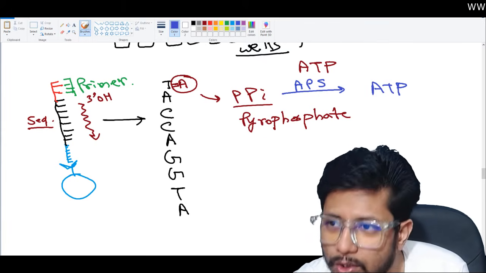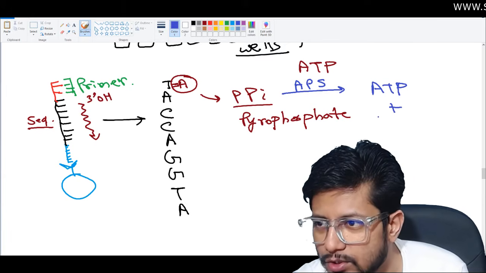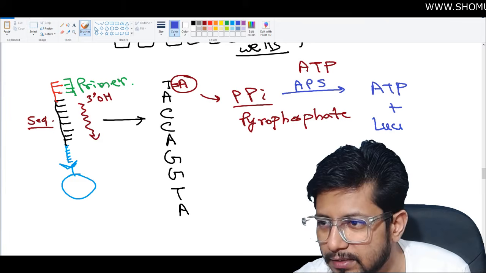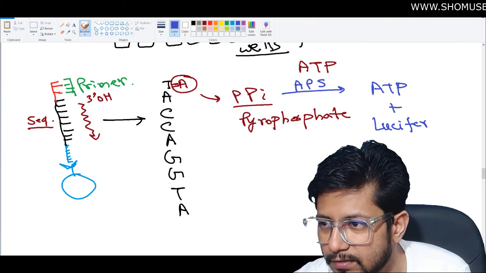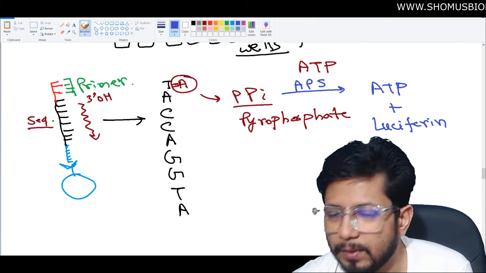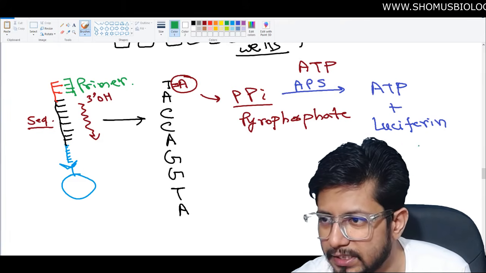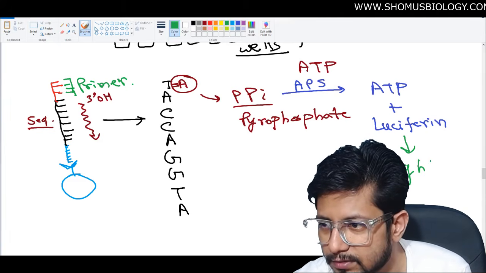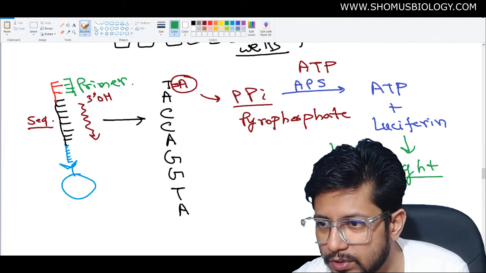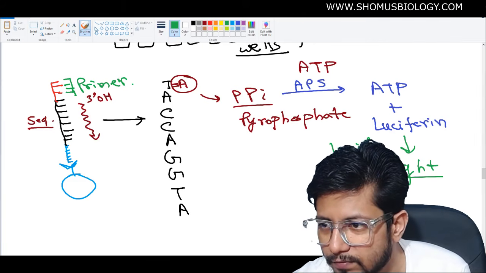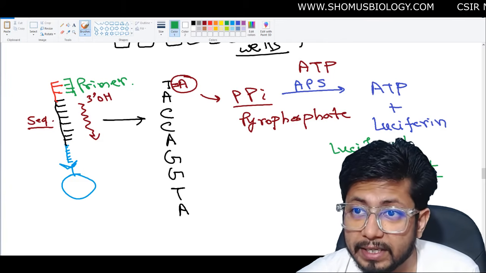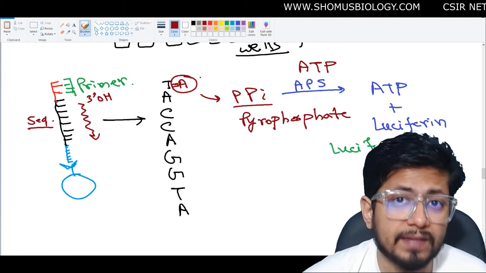And we also provide luciferin. ATP once in contact with luciferin is going to generate light in presence of luciferase enzyme.